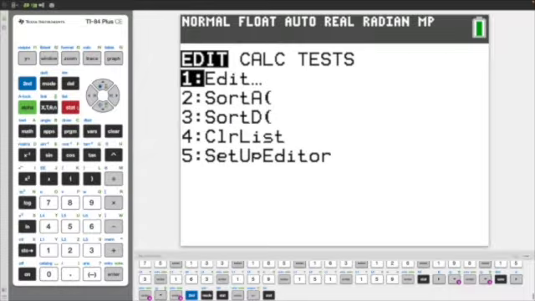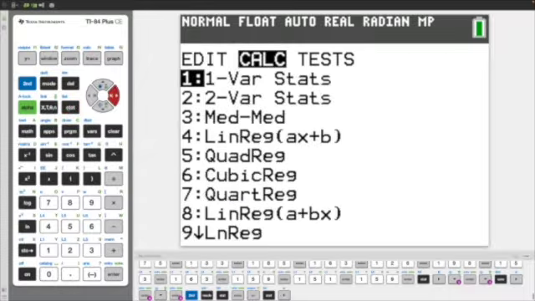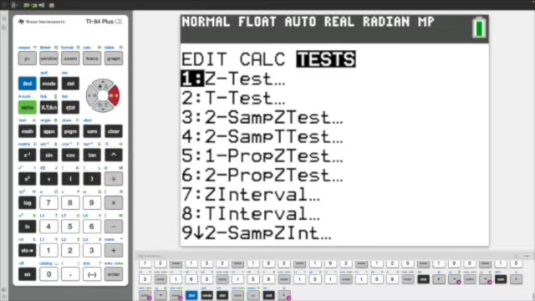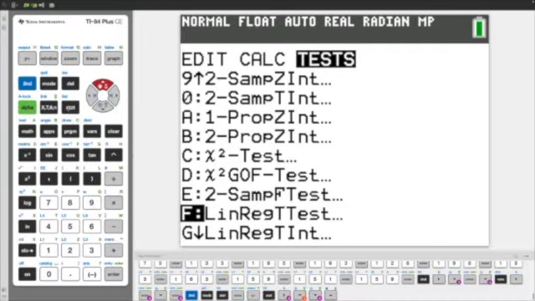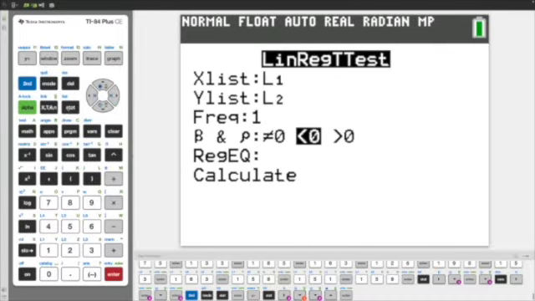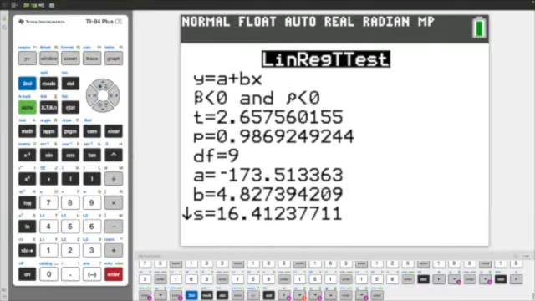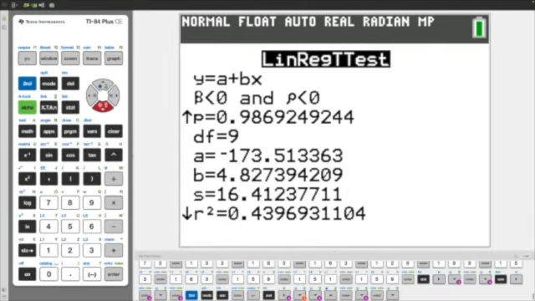To do that, I'm going to go to stat, test, and scroll down to the linear regression t-test. I don't really care about any of this. I'm going to calculate and scroll down until I see this. This is our standard deviation, 16.412. For the sake of trying to remember, 16.4 is what I'm going to round it to.